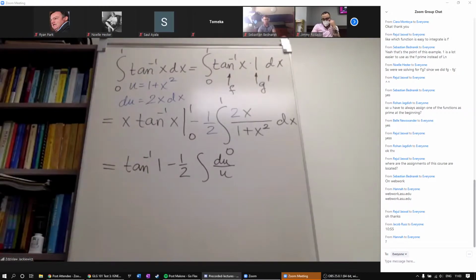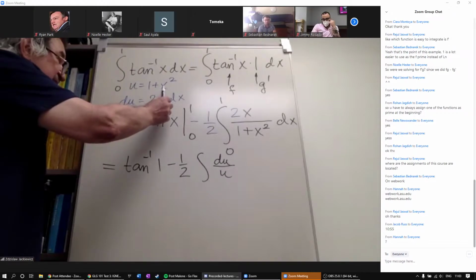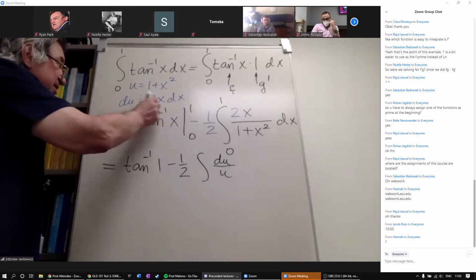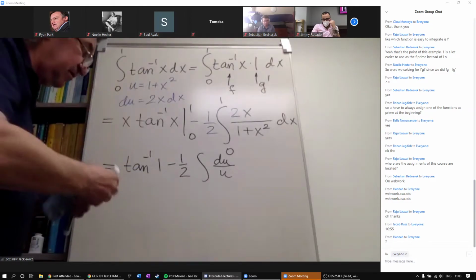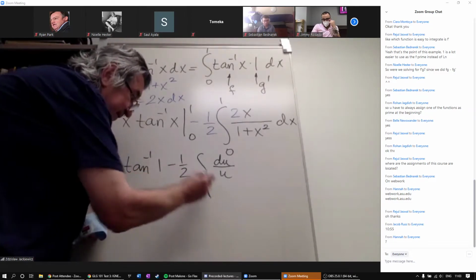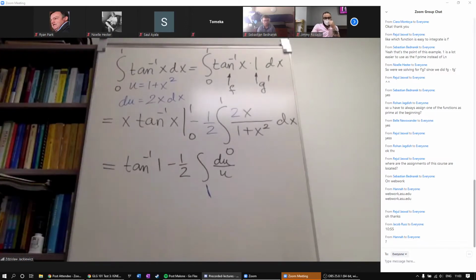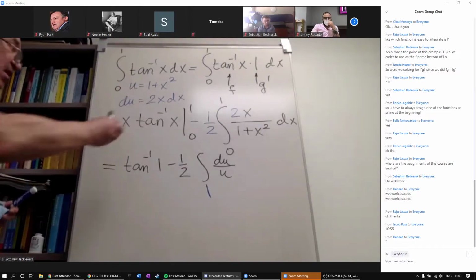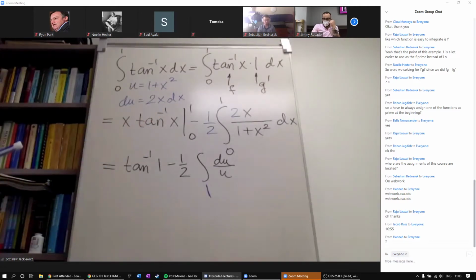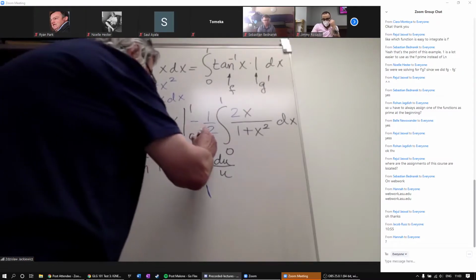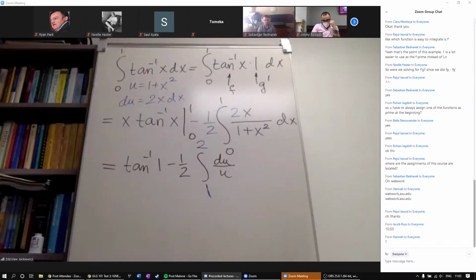And now, of course, the limits have to be changed. If x is 0, u is 1, so this limit becomes 1. It was 0 for x, but if x is 0, u is 1. And if x is 1, u is 2. So this integral now goes from 1 to 2.